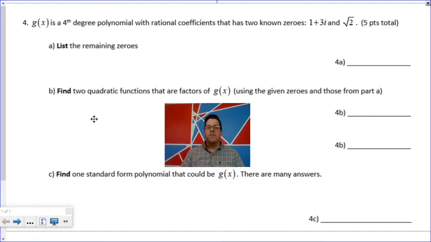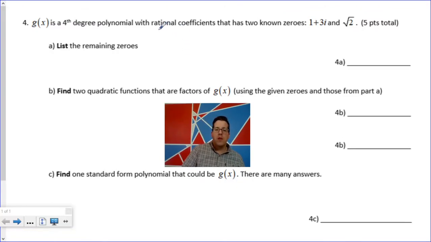Let's go. So g is a fourth degree polynomial that has rational coefficients that has two known zeros: 1 plus 3i and the square root of 2. Now, based on two things we know, if it has rational coefficients, rational implies real as well.